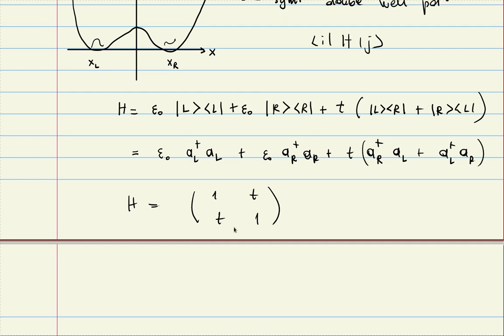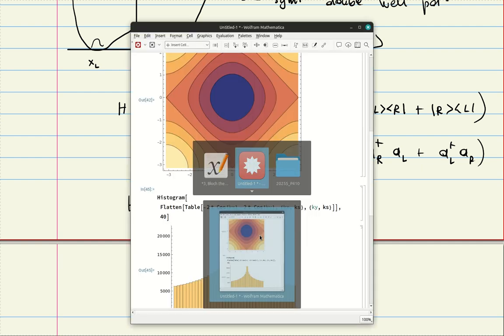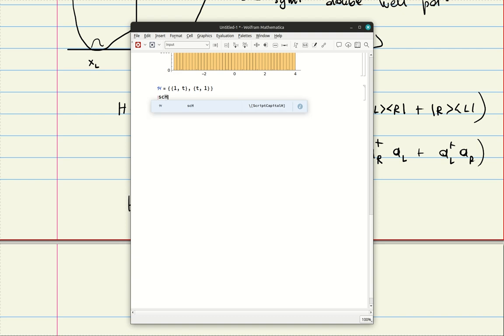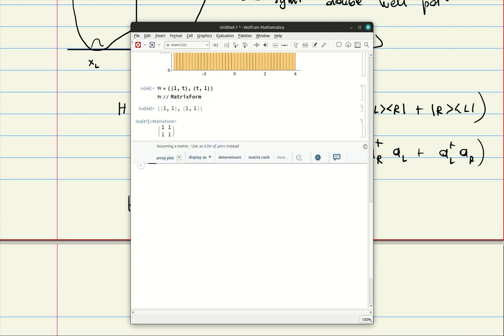And actually you can do this by hand, but let me abuse Mathematica, which is open here already. So here's the Hamiltonian. This is 1, t, t, 1, and I want to show you the matrix form first to make sure I don't miss any factors.